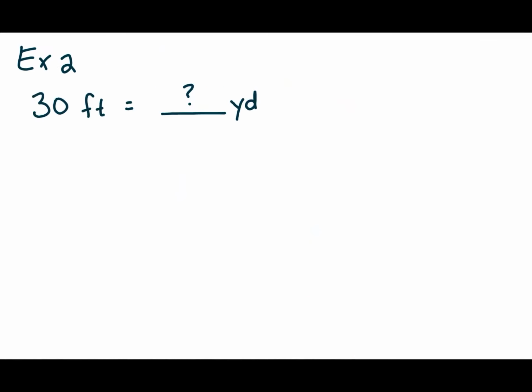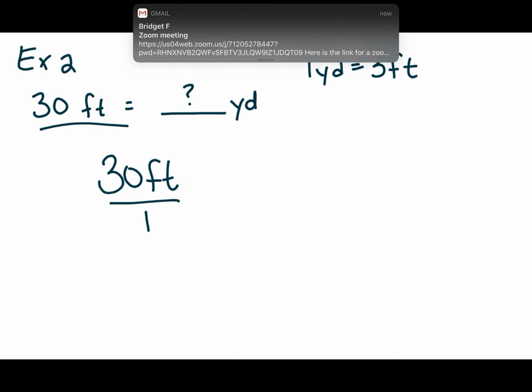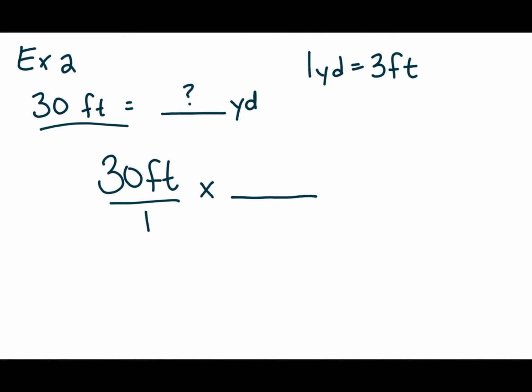All right, example 2. Convert 30 feet to yards using a unit multiplier. And now it tells us, again, 1 yard equals 3 feet. So I'm going to take this 30 feet, I'm going to turn it into a fraction, and I'm just multiplying it by 1. That's what a unit multiplier is. The numerator and the denominator should be equivalent, right?